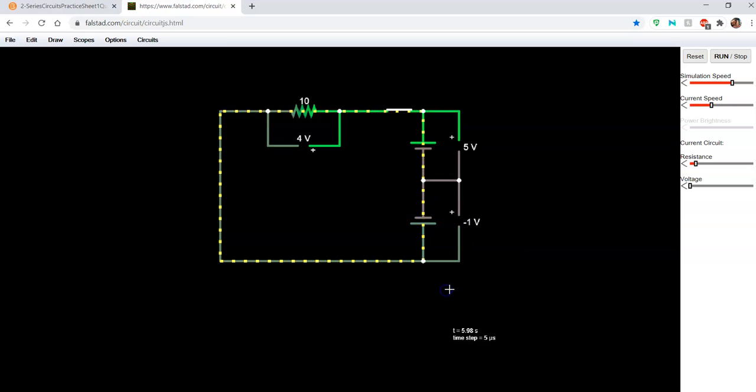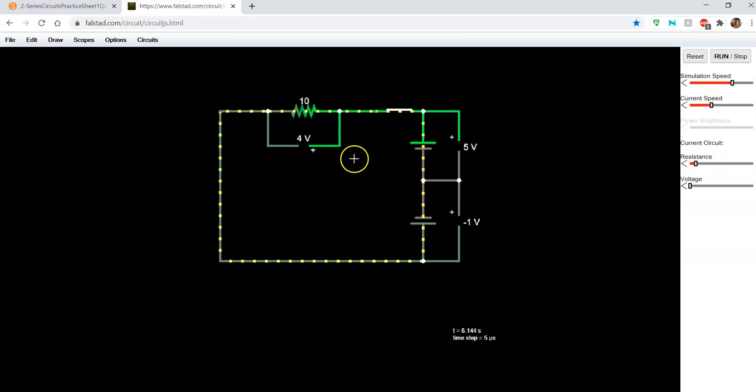So I'm going to swap the terminals. And now you can see that the negative terminal of my battery number 2 has been connected to the negative terminal of my battery number 1. In this instance, the output voltage is equal to 4 volts.